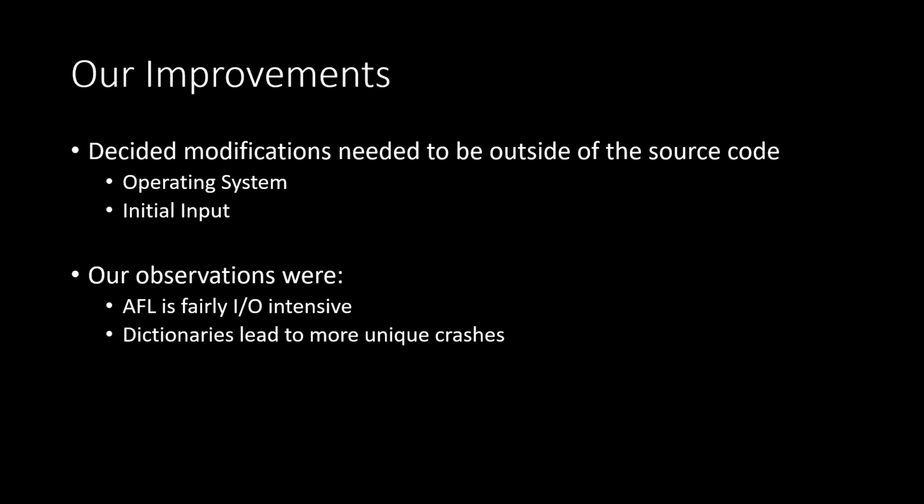So we felt like any source code changes that could be made were probably not going to happen in the short amount of time we had for this project over the semester. So we decided that any changes will probably have to be outside of AFL itself. That really leaves us 2 options: the operating system and the initial input that we give it.